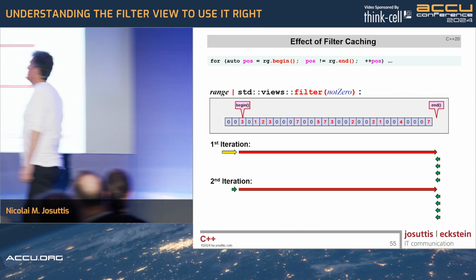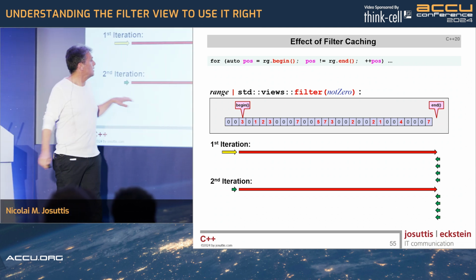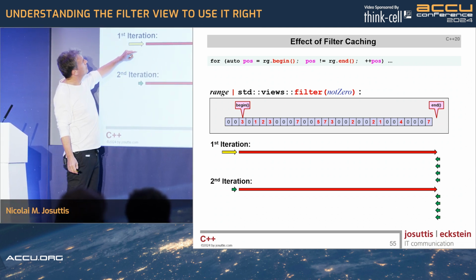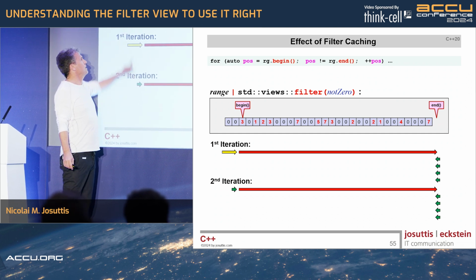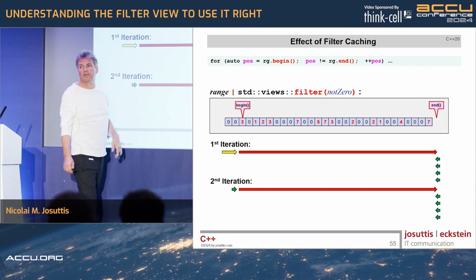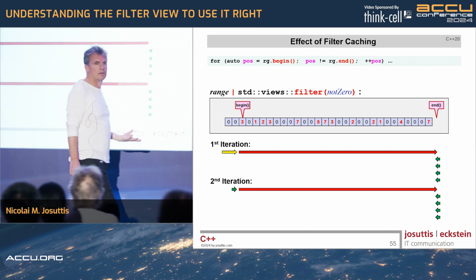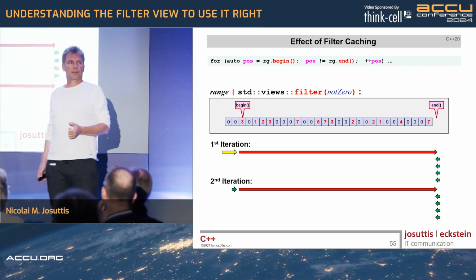A second iteration is optimized in that when we use the same view once again to call begin another time, that is cheaper than before. How much cheaper depends on how likely it is that there's an element early that fits the predicate.